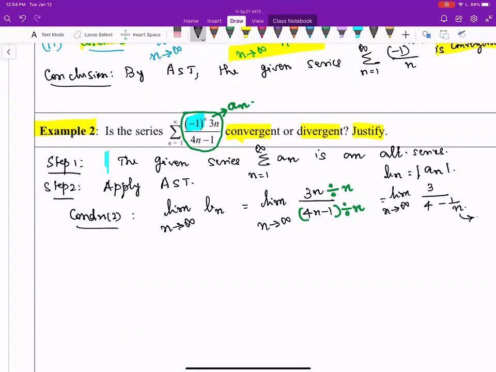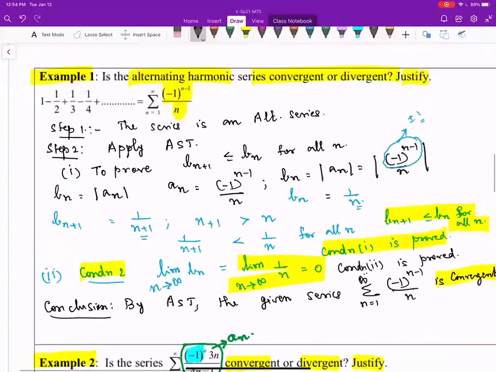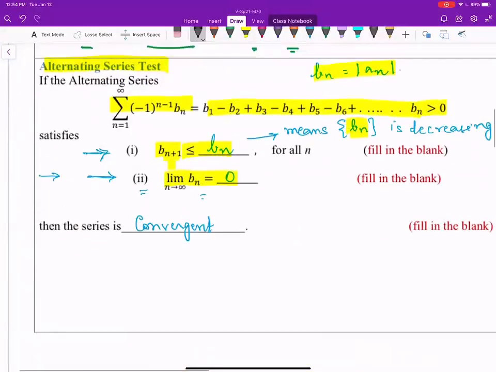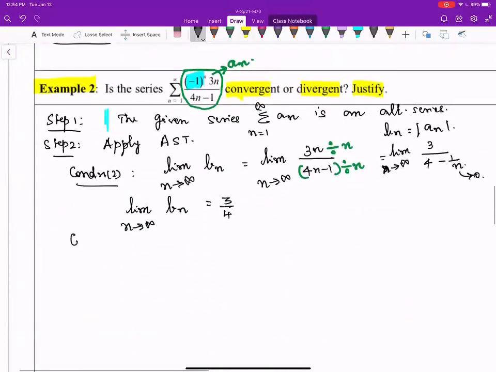This 1 over n part becomes 0 because it's 1 over a large number as n approaches infinity. So this value is equal to 3 by 4. The limit as n approaches infinity of Bn is not 0. So condition 2 fails.